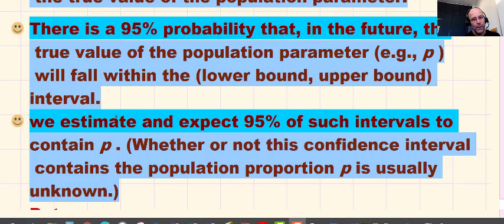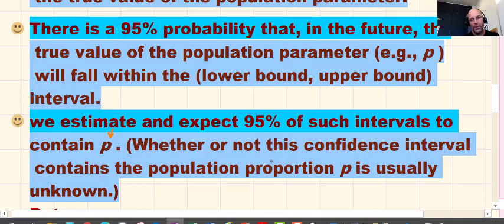Another good one: we estimate and expect 95% of such intervals to contain P. So that interval relates to us expecting that 95% of such intervals contain the real population parameter, population proportion P. Whether or not this confidence interval contains the population proportion is usually unknown, but we are 95% confident.